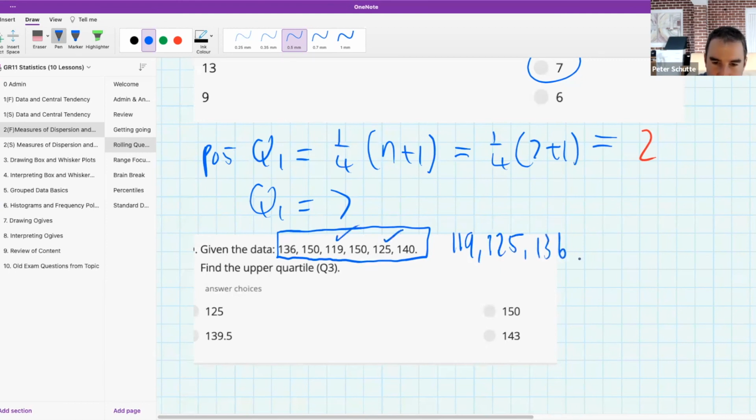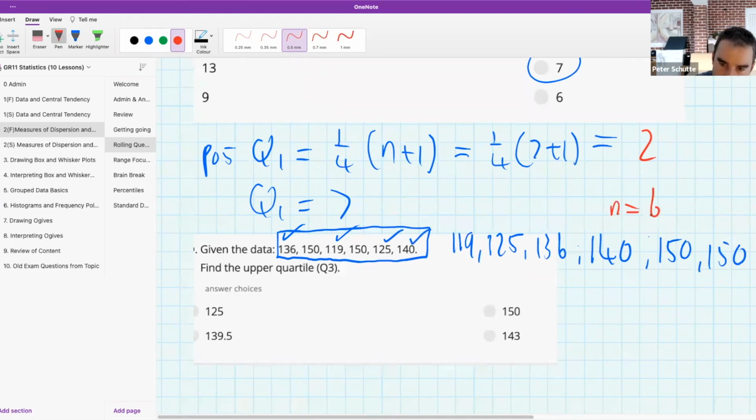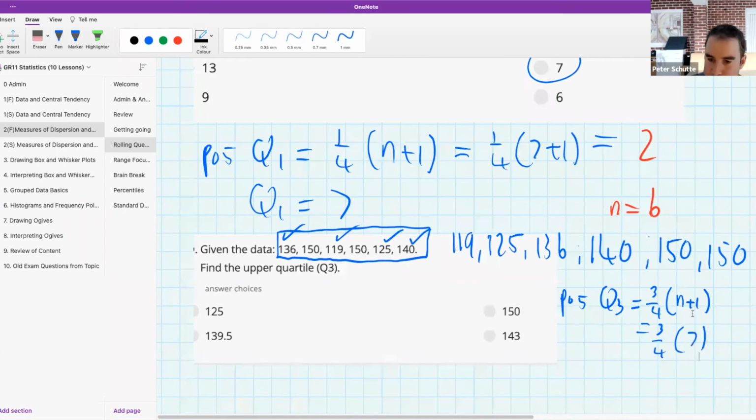So 6, 140, and then 150, and then 150. In this data set, there are 6 items, so n is 6. So what is the upper quartile? Well, the position calculation is going to be 3/4 times n plus 1, which is 3/4 times 7.